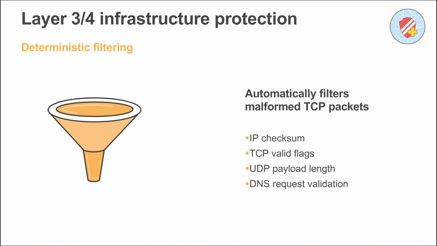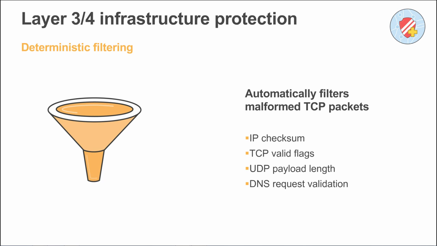First, we use deterministic filtering. This is one of the simplest mitigation mechanisms that we use, where we simply do a basic hygiene check by dropping malformed TCP packets before they hit your application.